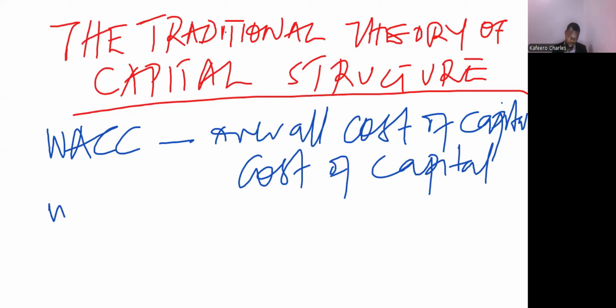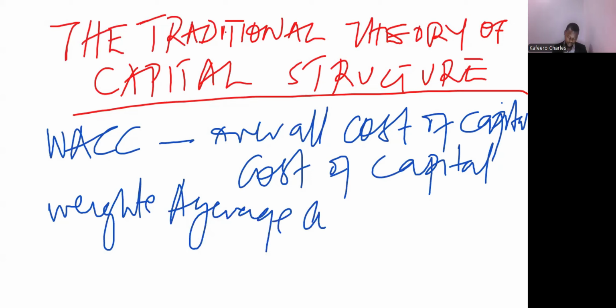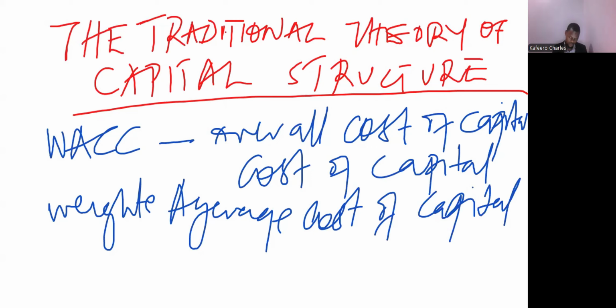WACC is the weighted average cost of capital, so it comes from these words: W, A, C, then the last C. How do we come to get an understanding of this? I want to be brief but as detailed as possible, so that it is very easy for you to understand.